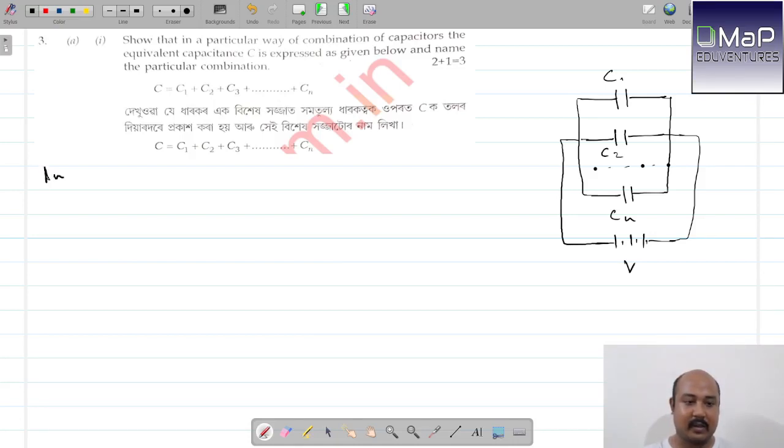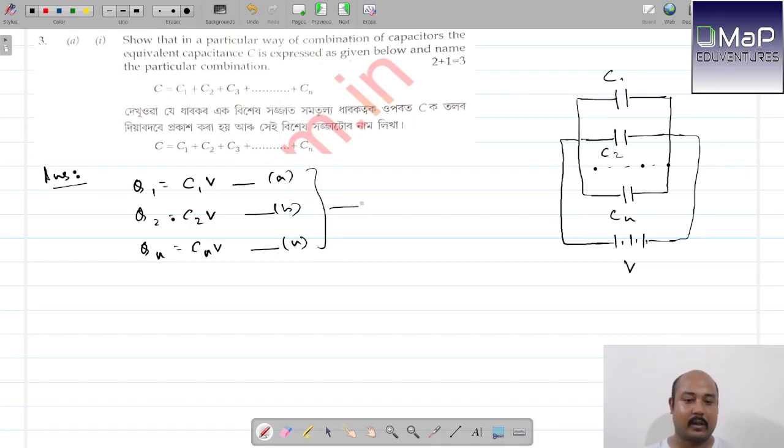The charge in capacitor C1, I denote it by Q1, is simply equal to C1 V, where V is the common voltage across all the capacitors. Similarly the charge in the second capacitor, Q2, will be equal to C2 V, and so on, up to Qn, the charge stored in capacitor Cn, which is simply Cn times V. This is equation number 1a, this is 1b, and so on.